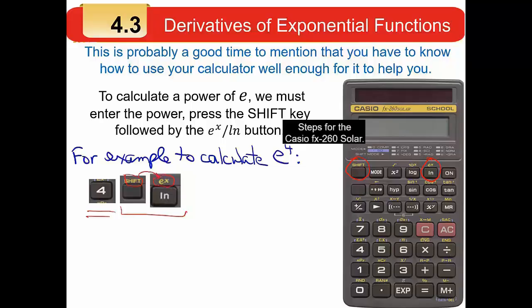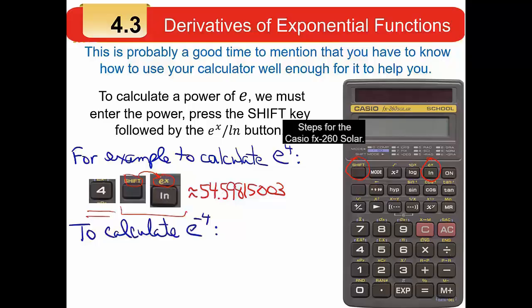So 4 shift ln means e to the 4. And if you did that, you would find out it was about 54.59815003. And a problem might tell you to round it off to 2 decimal places or 3 or whatever. You do whatever the rounding tells you to do in the problem.